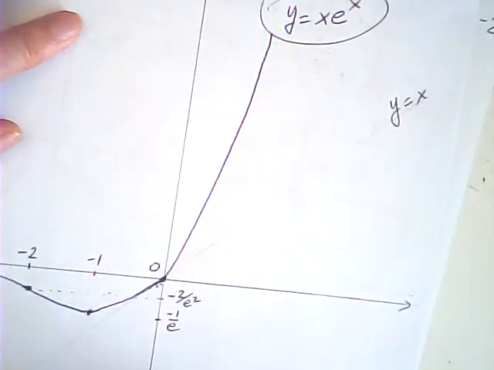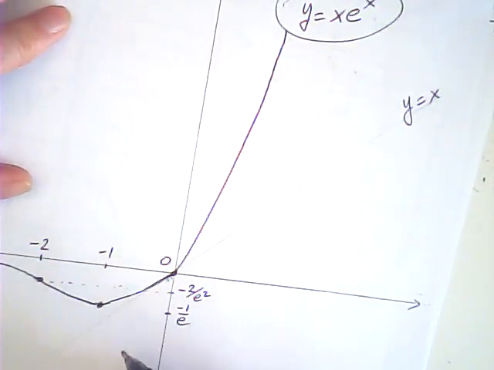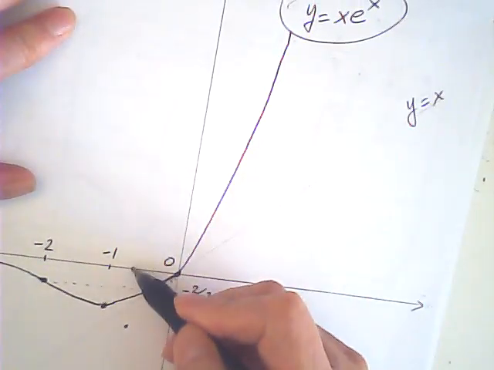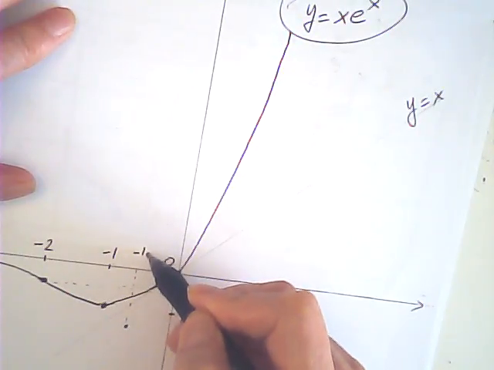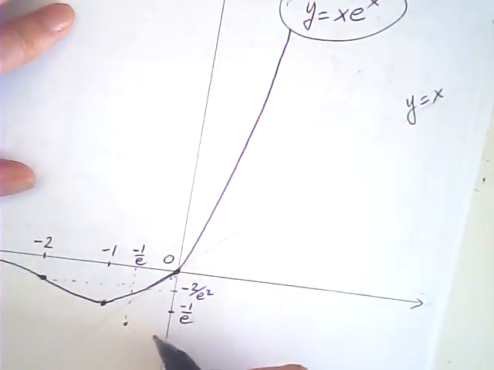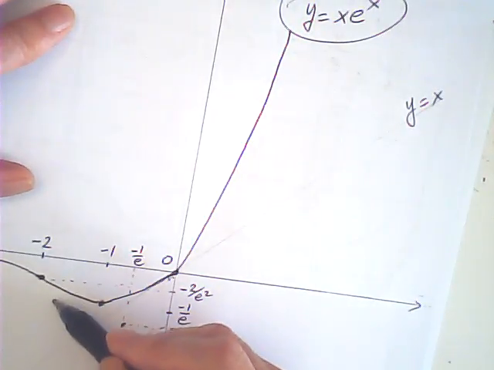So this point will be there, mirror image. So this will be negative 1 over e, and this is negative 1.